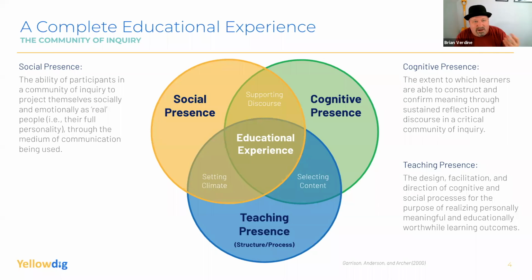And we saw that as a lot more education was going online, including even before the pandemic, but especially now, a lot of courses had almost no social presence element to them. Or on-ground courses, people were assuming that the social fabric of the campus was providing most of the social presence.